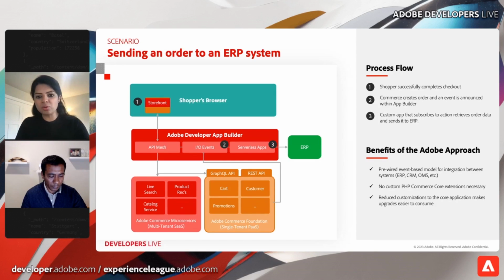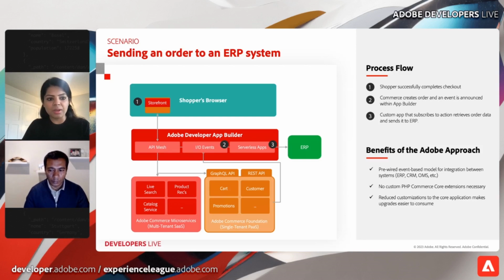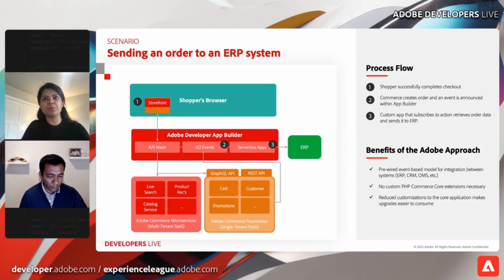Looking at the benefits over here, we have already pre-wired everything. So no custom code. There is a direct integration between events, ERP, CRM, and also, as Surya said, with App Builder, we are providing you a complete framework to manage the entire extensibility of your system.